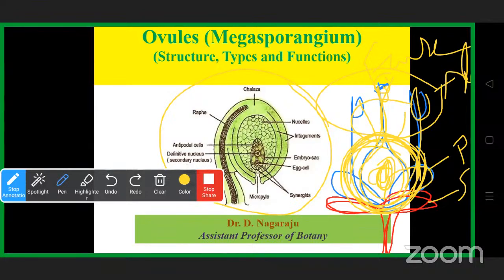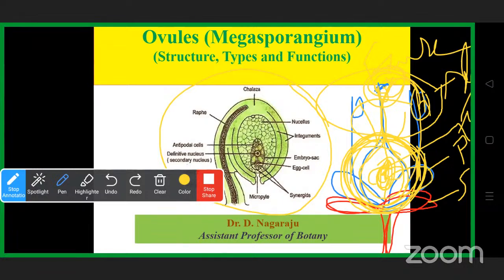I already told you that pollen from the anthers, the microsporangium, reaching toward the stigma is called pollination. And the fusion of the pollen, that means the male gamete, with the female gamete is called fertilization. Fertilization is also one of the big essay questions. What is fertilization? Types of fertilization, the process of fertilization, and the steps in fertilization are very important.